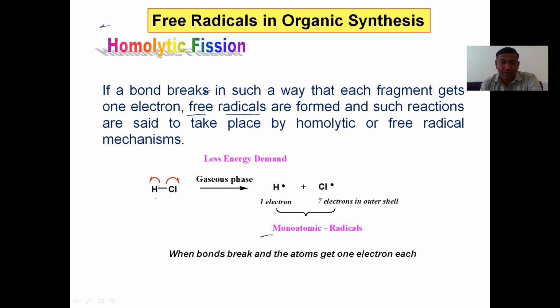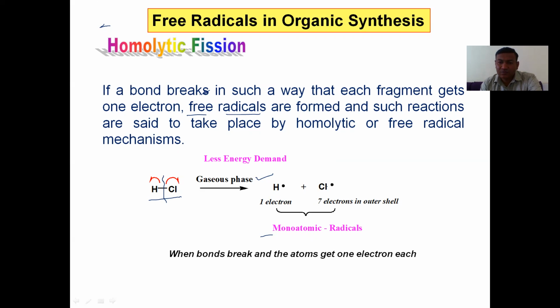Again we have taken this HCl, and at one side there will be homolytic fission. This bond will break in such a way that one electron will remain with hydrogen in the gaseous phase. This phase is also important. One electron will remain with chlorine, because the bond between hydrogen and chlorine is made by two electrons.